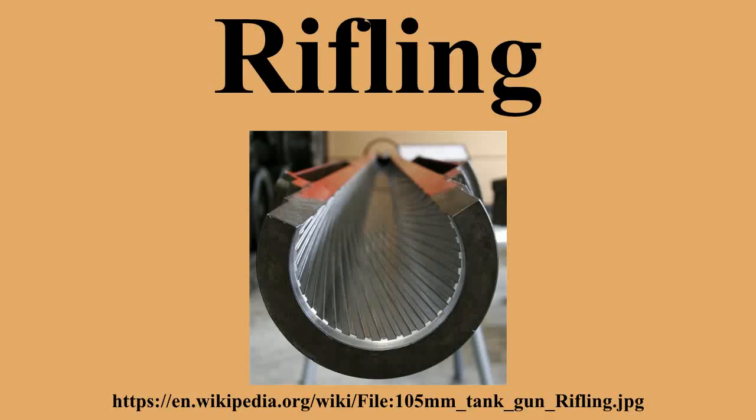Since the barrel is not circular in cross-section, it cannot be accurately described with a single diameter. Rifled bores may be described by the bore diameter, or by groove diameter. Differences in naming conventions for cartridges can cause confusion.